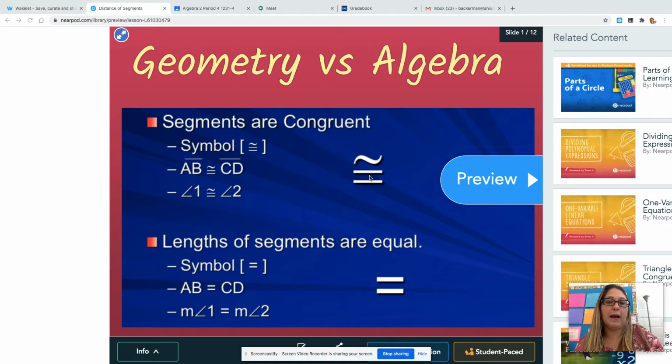And the reason for that is because we don't use the equal sign unless we're talking about the actual measurement. And so if we are talking about the measurement of an angle or the measurement of a segment with actual value, then we would use the equal sign, okay? When we're just talking about the letters or the numbers of the symbols, we use the word congruent, okay?